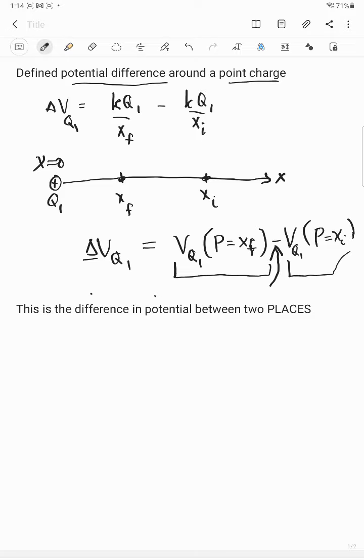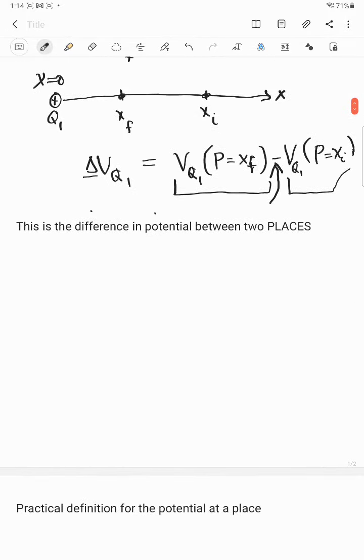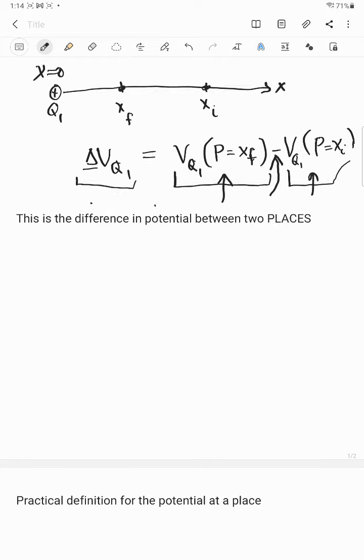So what I want to introduce in this video, though, is I showed you how to understand what the difference is, but I didn't necessarily show you how to understand the values at the two places. I just showed you how to understand what the difference between the values is of those two places.